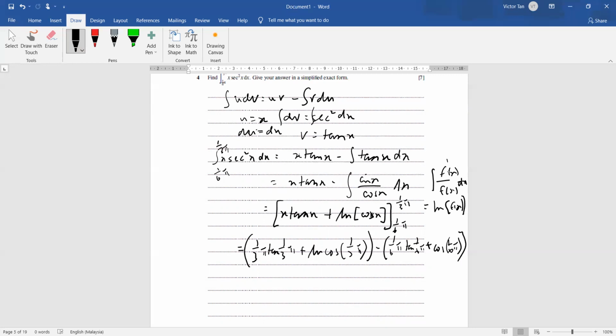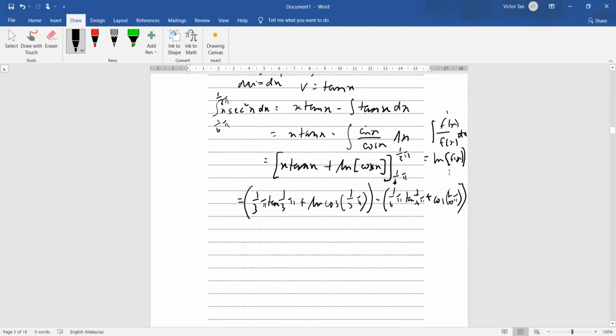Okay, now you need to know the exact values. Tangent 1/3 pi is root 3. So this is root 3 pi over 3. Cos 1/3 pi is half. So it's ln half, minus tangent 1/6 pi is root 3 over 3. So this will be root 3 pi over 18, minus cos 1/6 pi is root 3 over 2.